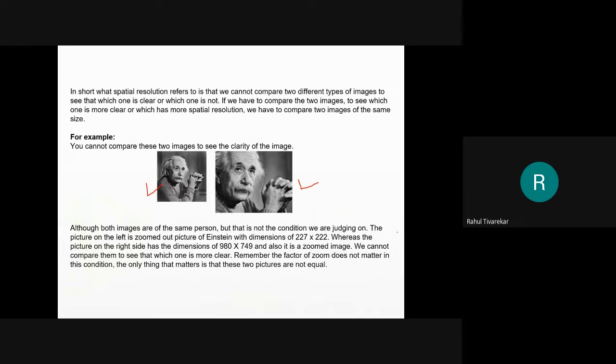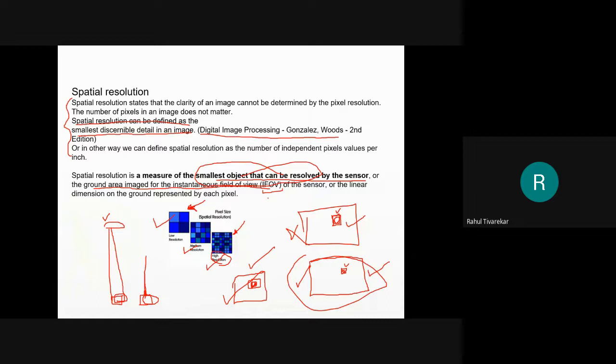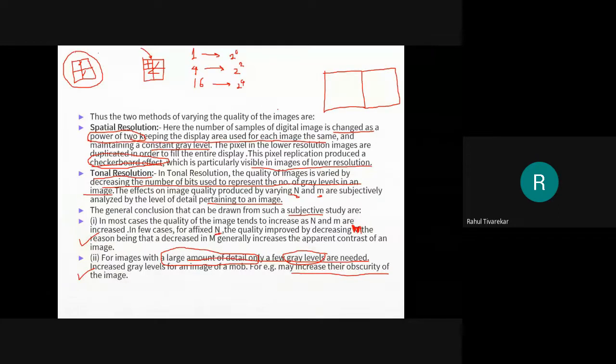So here you see that the first image is of dimension 227 cross 222, the number of pixels horizontally and vertically. And the second image has horizontally 980 pixels and vertically 749 pixels. So if you are having these two images, you cannot compare the spatial resolution, because spatial resolution is all about the number of samples in a specific area of the image, as you can see here, specific area.